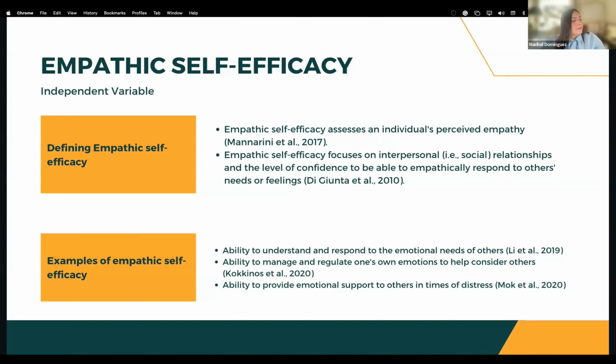Some examples include the ability to understand and respond to the emotional needs of others, the ability to manage and regulate one's own emotions and consider helping others, and the ability to provide emotional support to others in times of distress. So this one would be the predictor variable, or the X variable, in the mediation analysis.